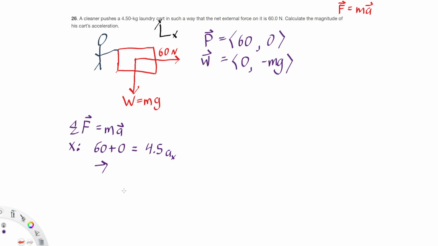Now, those of you who are looking ahead might be asking, well, what's happening in the y direction? Anyone spotted the problem in the y direction?